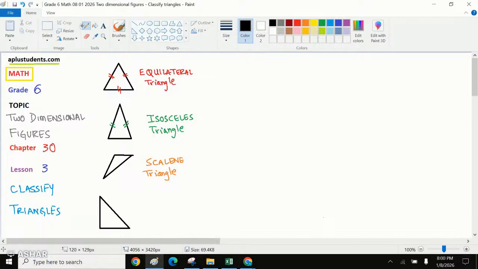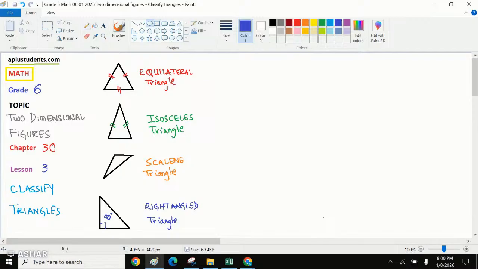A right angled triangle is a triangle in which one of the angles is a right angle, that is 90 degrees. So we call this a right angled triangle. Okay, so these are the basic 4 types of triangles that we would be considering.